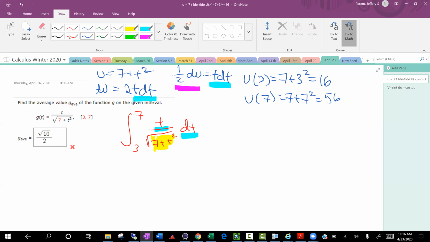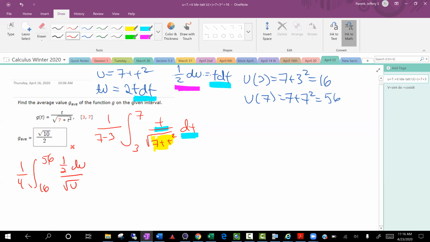I can rewrite my integral. There's one other thing I need here for my integral: 1 over the length of this interval, 7 minus 3. So it's going to be 1 over 4 times the integral from 16 to 56. Boy, that's just looking weird. Well, this blue part here, t dt, is now going to be 1/2 du over the square root of u.